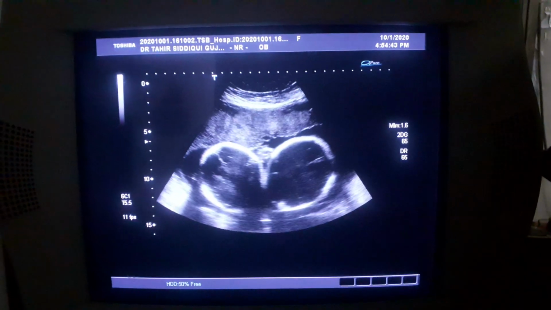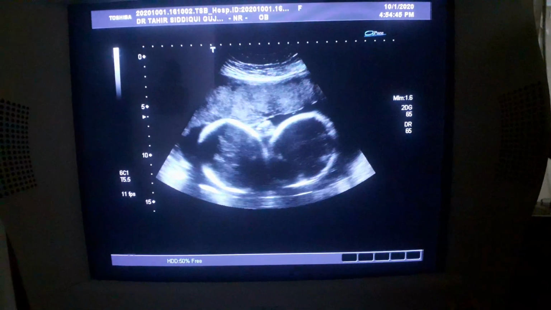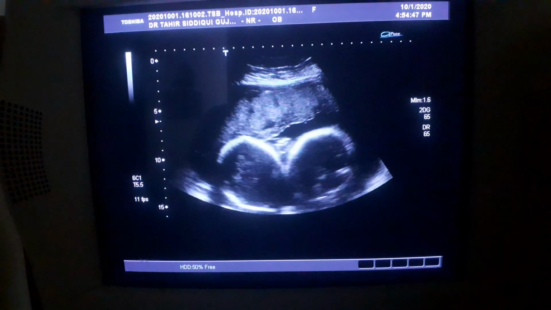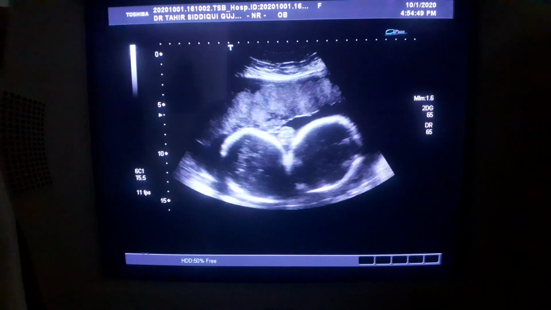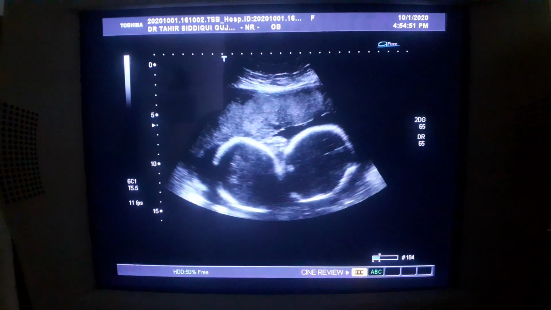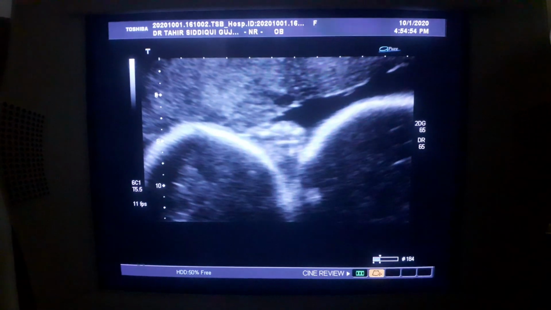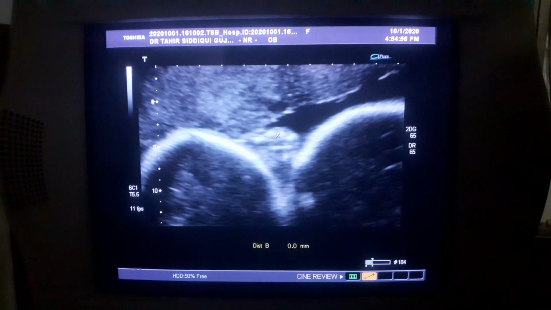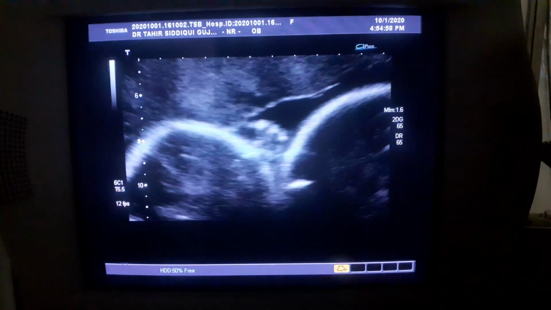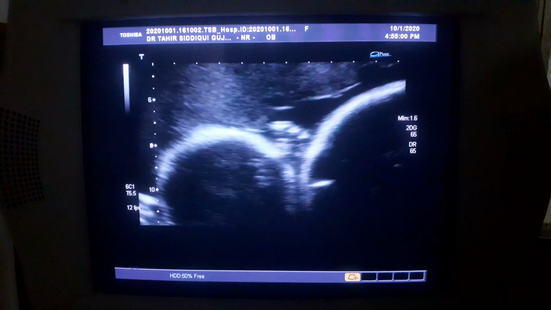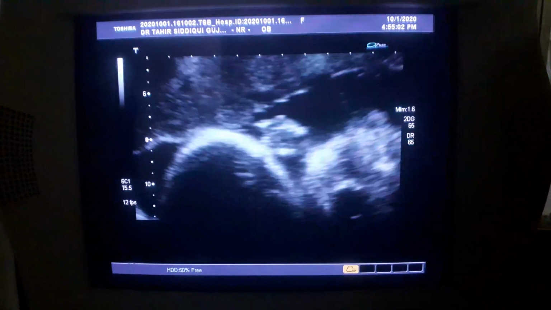Now here you are seeing both heads together. And you can see the hand and knuckles. See? 1, 2, 3, 4. So this is the hand with knuckles seen in between in this region.